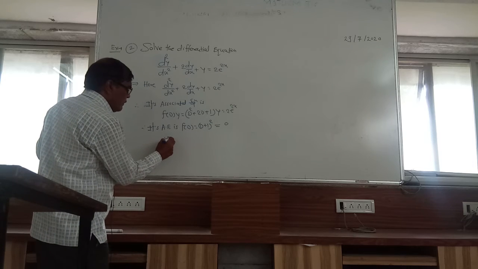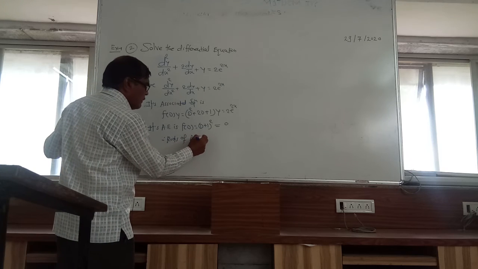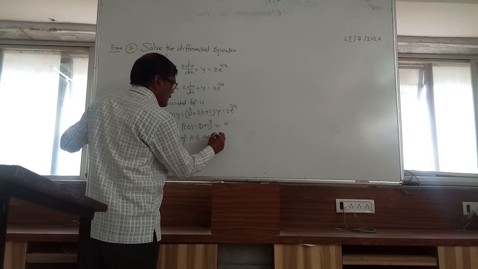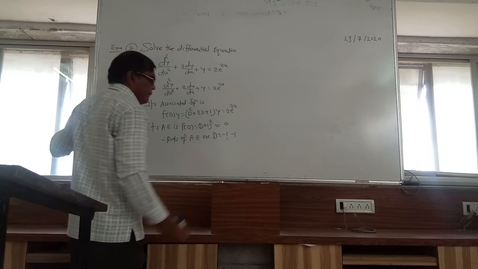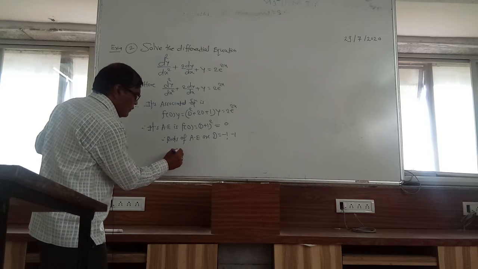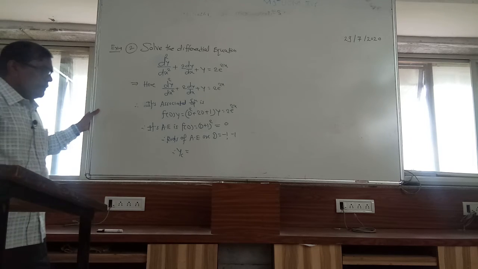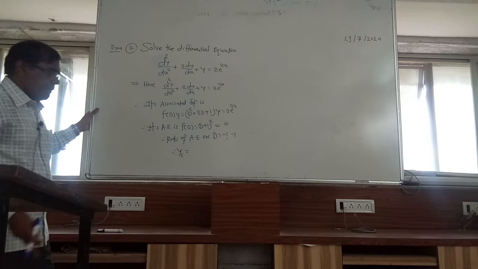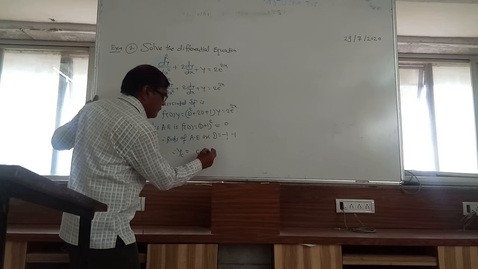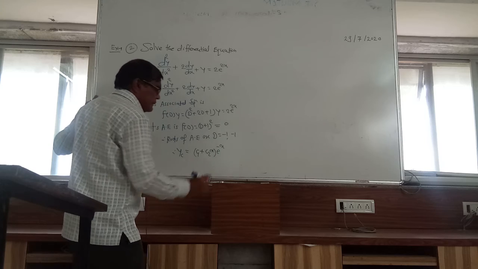Therefore, roots of the auxiliary equation are D is equal to minus 1, minus 1. Therefore, we have the complementary function yc as by the previous method. If the roots are repeated, then the complementary function is c1 plus c2x e raised to minus x.